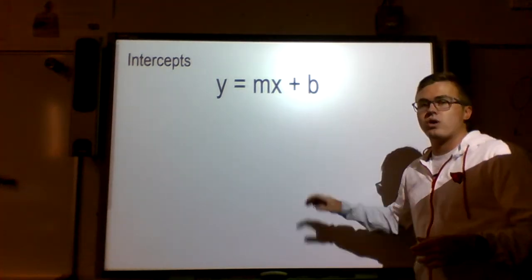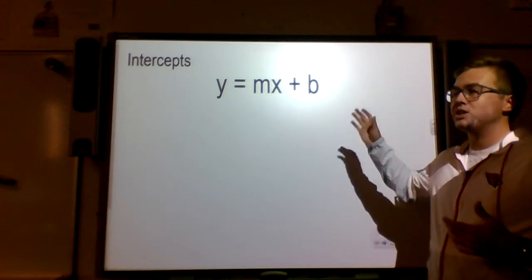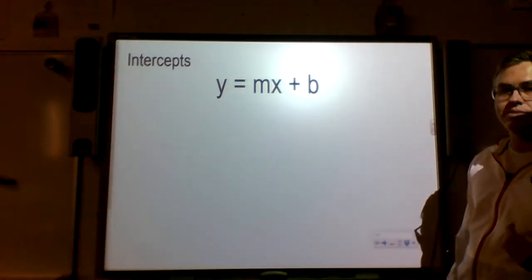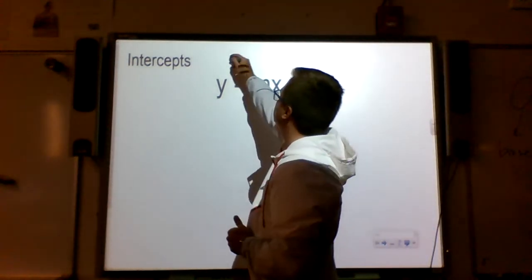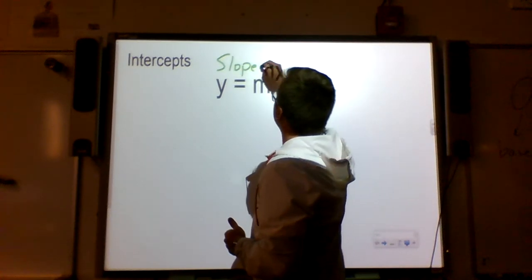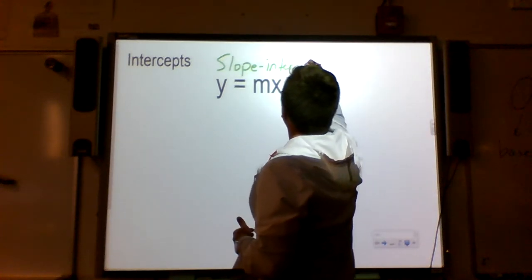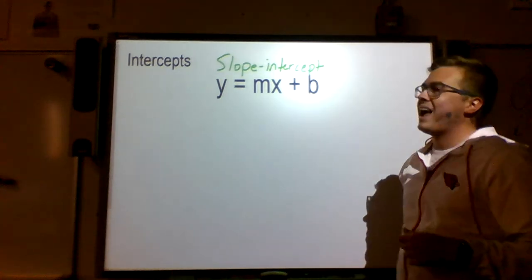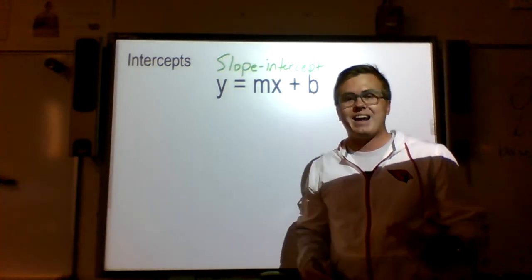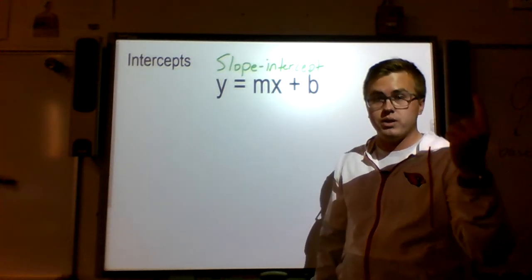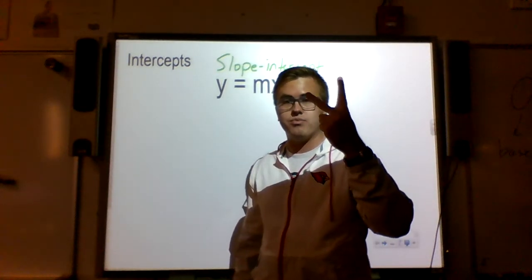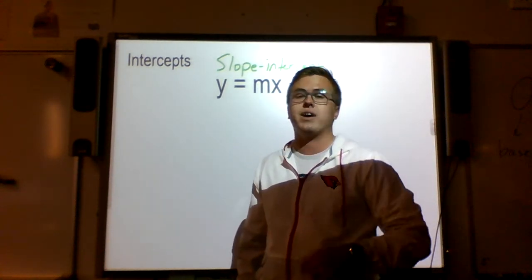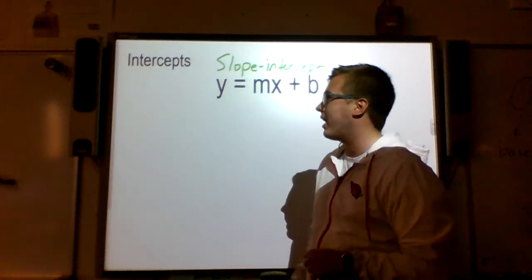So just want to refresh our memories for what each of these variables stand for. First of all, this is called slope-intercept form. And yesterday I probably did the dramatic hand effect that slope-intercept form finds two things. It finds slope and the y-intercept.